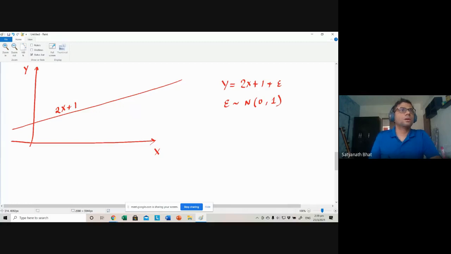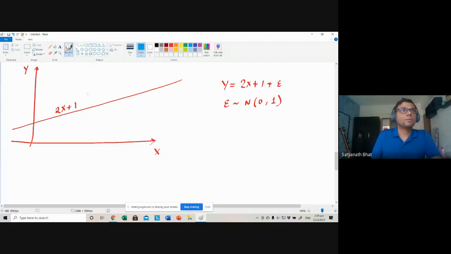So what that means is that we will have points which are not exactly falling on this line because we have some noise. We will further assume that x is uniform between some a and b. So we are going to get several points between a and b.